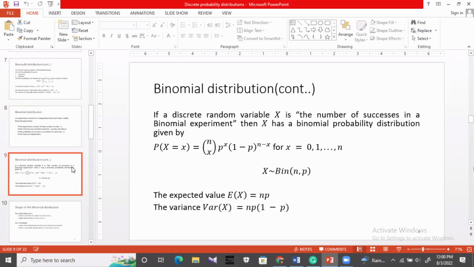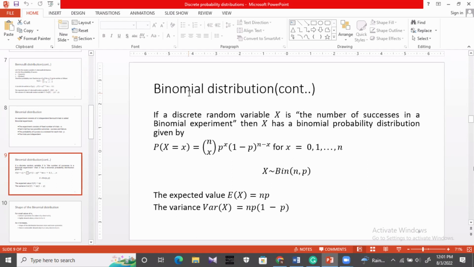Now go to the formula. If we want to find the binomial distribution or the probability mass function of a binomial random variable, we need to know about permutations and combinations. I will teach that part tomorrow.